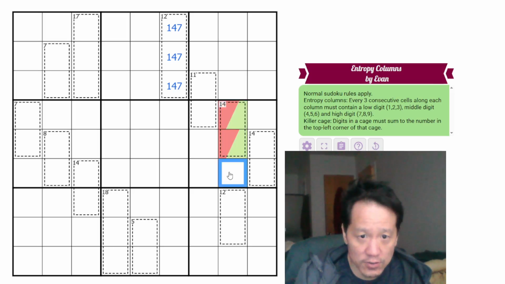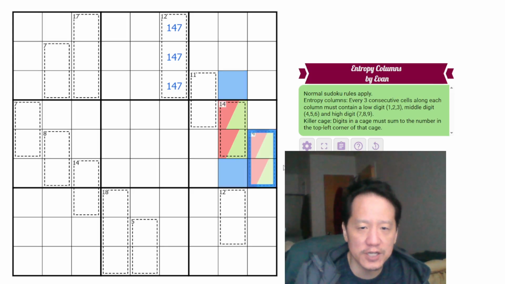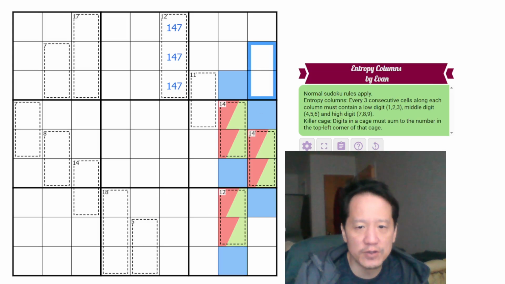For the next cell, it has to be a low digit, right? So this has to be low, and this has to be low. Similarly, this is a middle digit and a high digit. Therefore, this must be low, and this must be low. Well, that means this is middle and high, which means this has to be low.